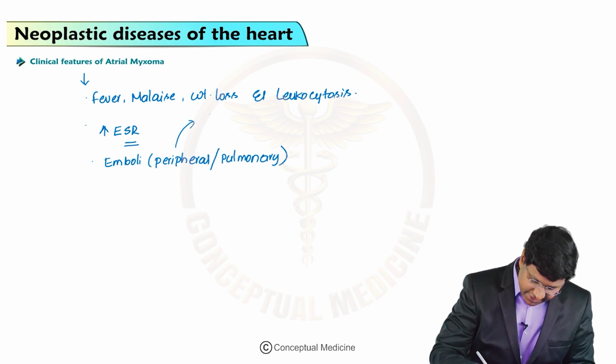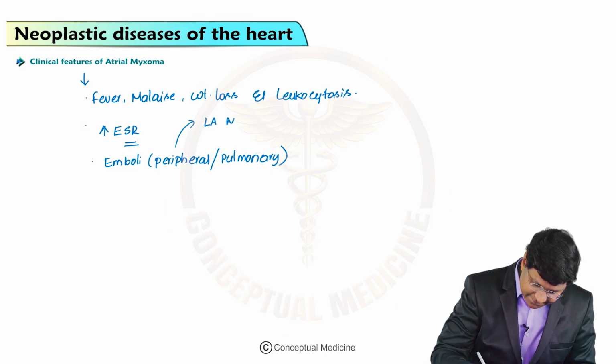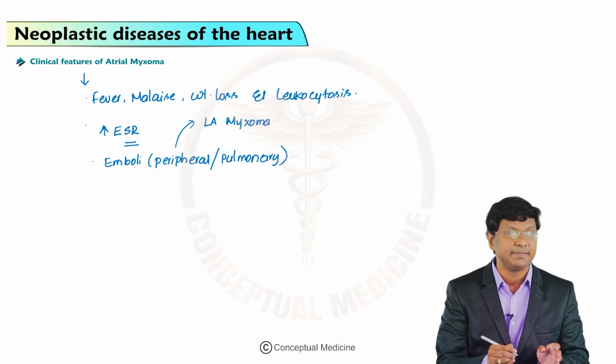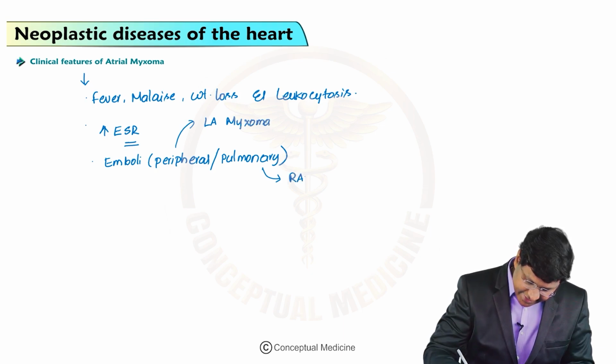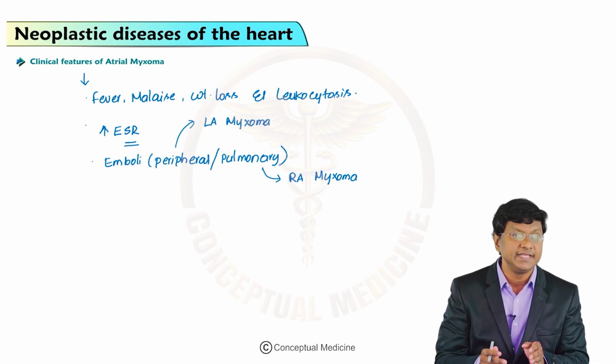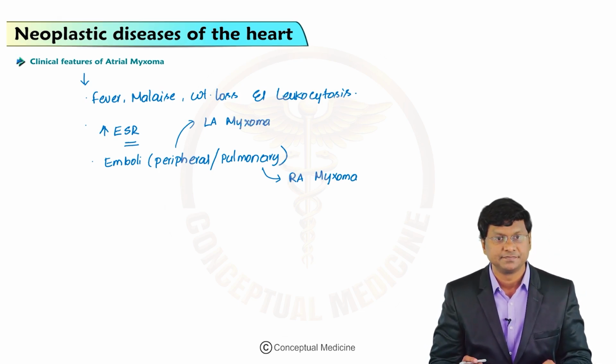For example, if it is a left atrial myxoma, then the embolization will be in the peripheral circulation. But if it is a right atrial myxoma, then the embolization will be in the pulmonary circulation.